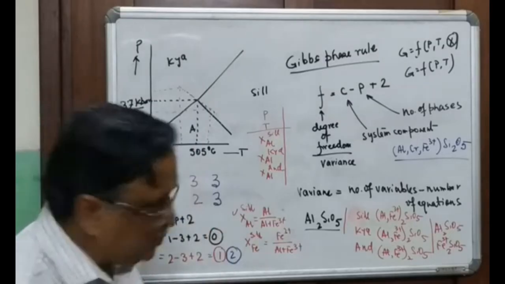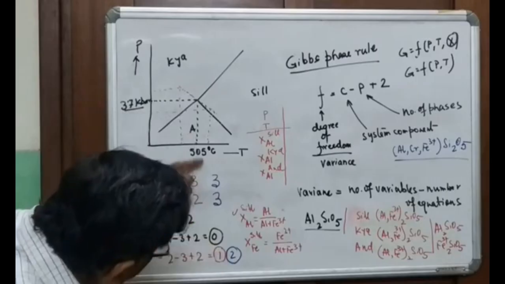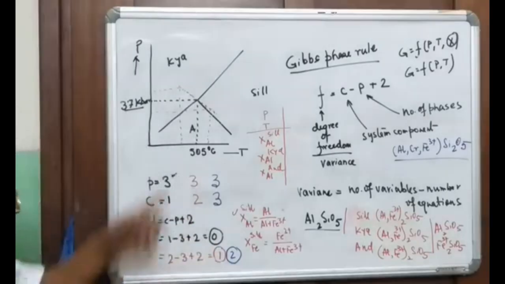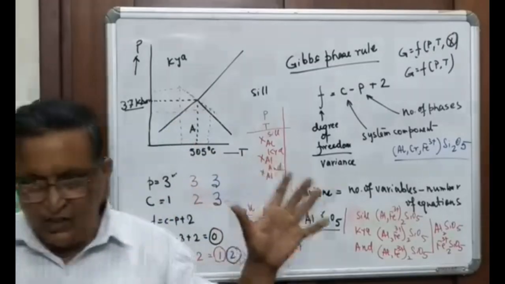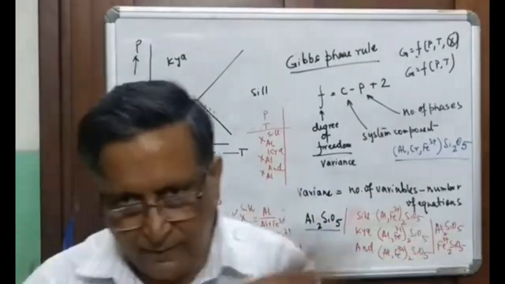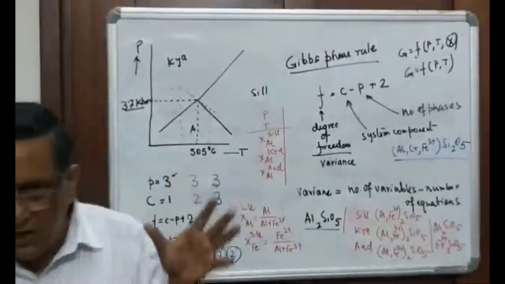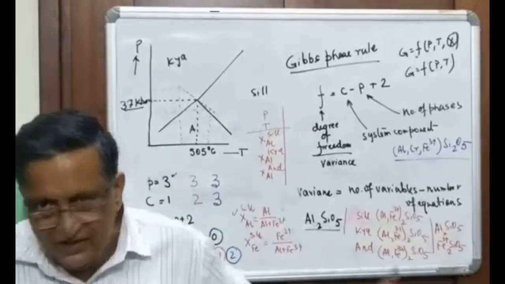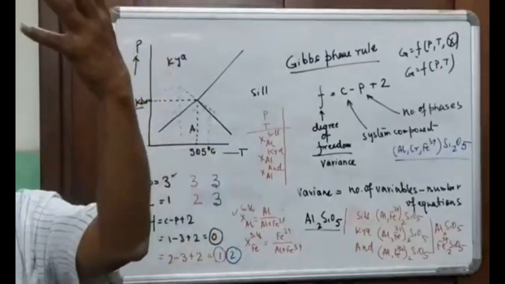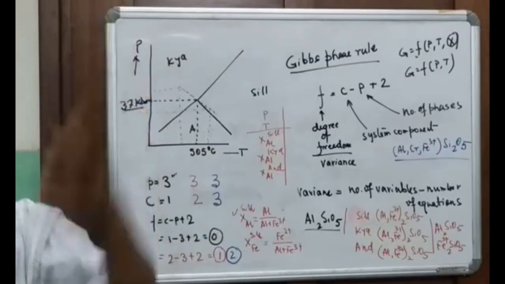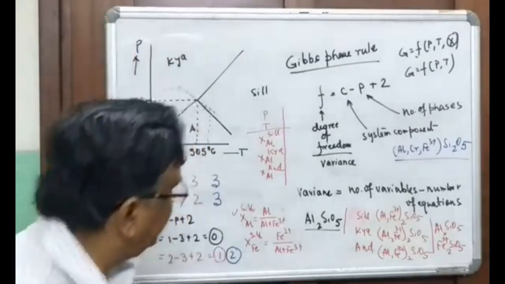Have you understood? 3 plus 3 plus 3 plus 2. So now your triple point, this point, kyanite, sillimanite, andalusite coexisting in equilibrium, can move over space, not along a line, but on the space. So it has more variables.